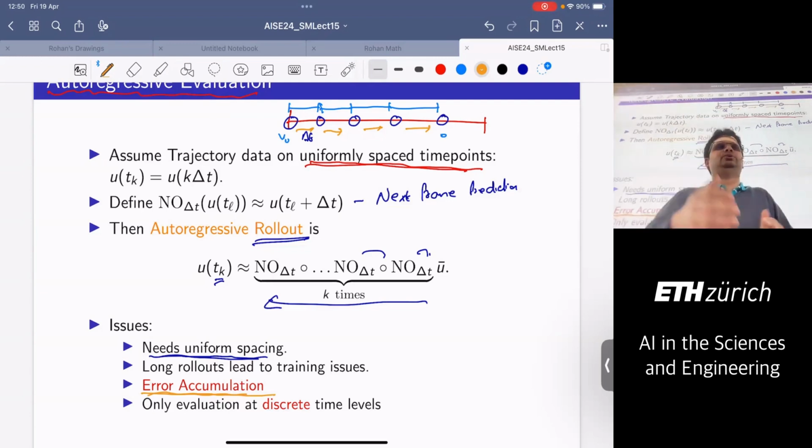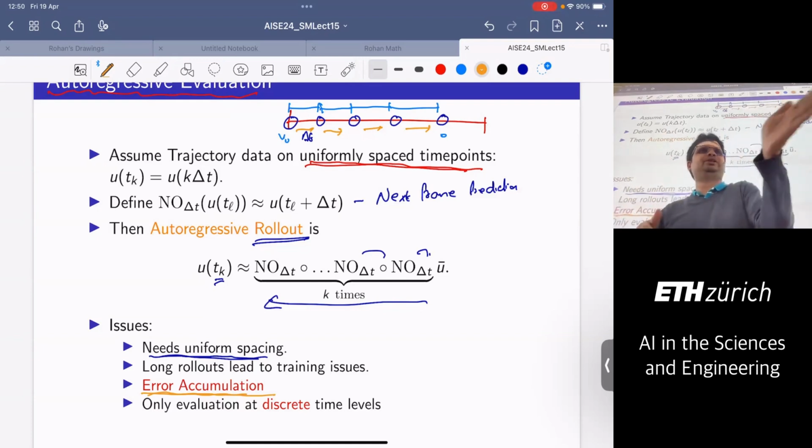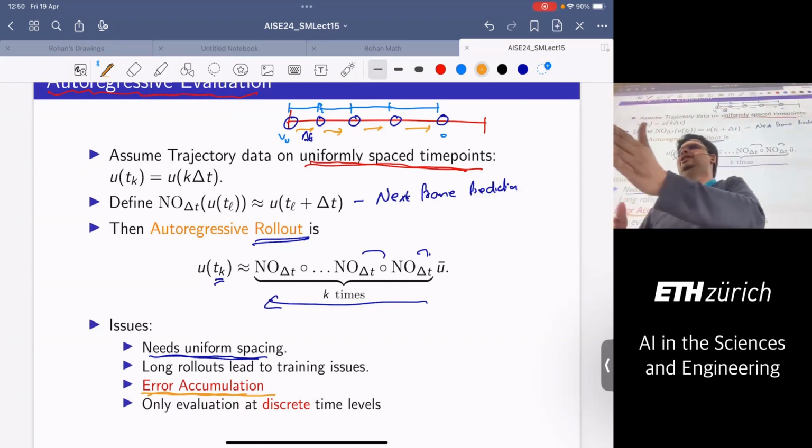It's okay when you do short-term predictions, but now you have to compose it again and again and again. Just imagine that if you had used weather from last week, because last week was very warm, you would have managed to predict the weather quite accurately on Monday. But then if you kept on using the same operator again and again and again, of course, there is an obvious mismatch here, right? There is an obvious error.